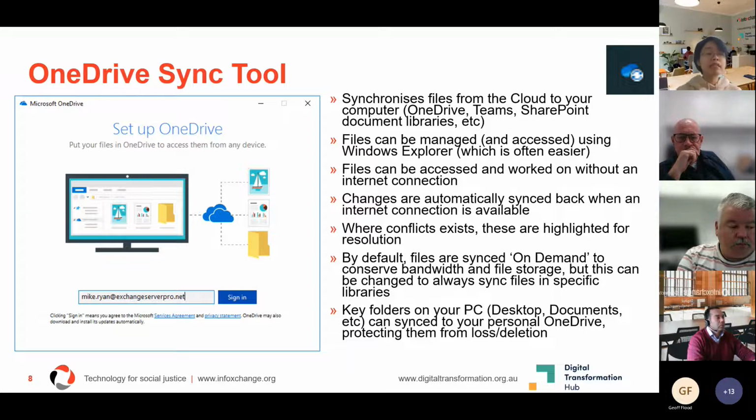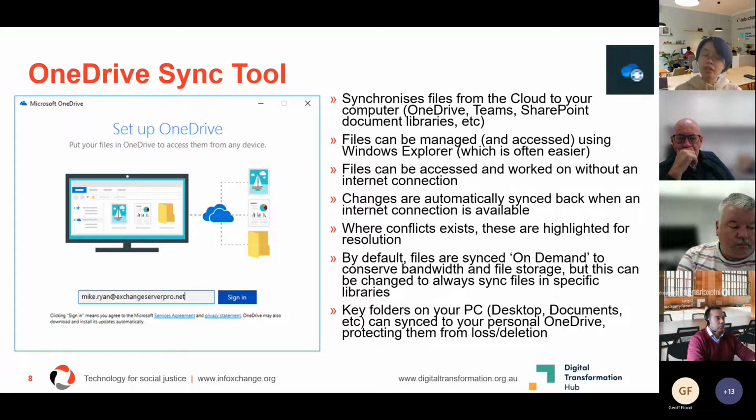By default, files are synced on demand to conserve bandwidth and file storage on your computer. By on demand, I mean that when you sync the files, what the OneDrive sync tool downloads to your computer is not the file itself, but all the metadata of the files. So it stores who created the files, what the created date is, and what changes were made to the files.